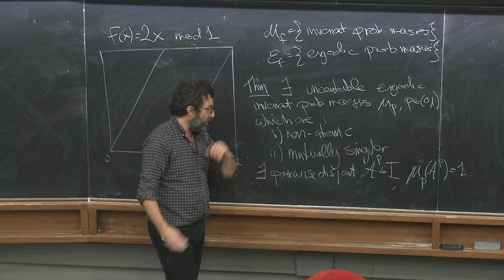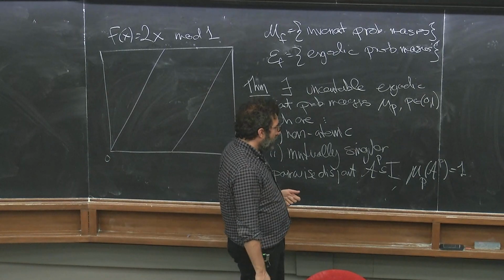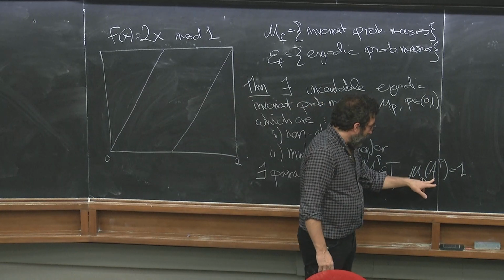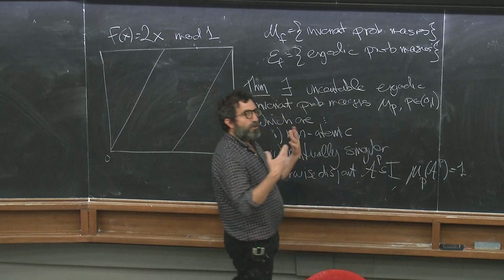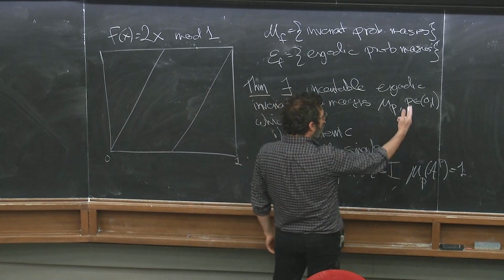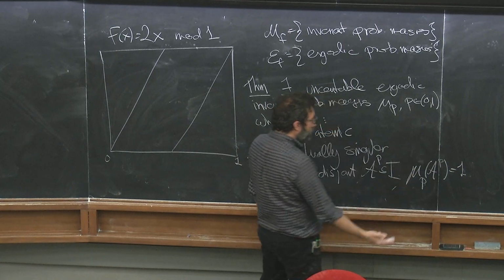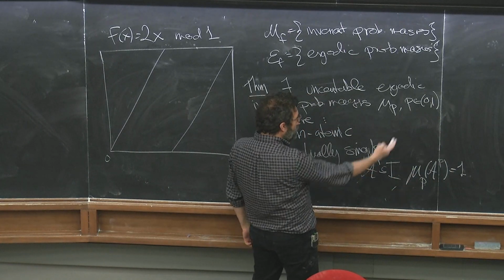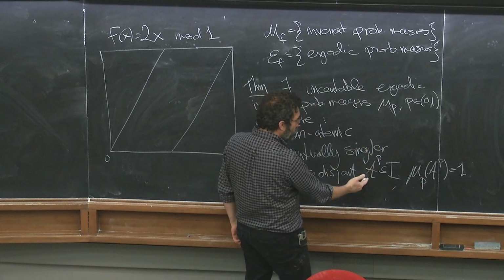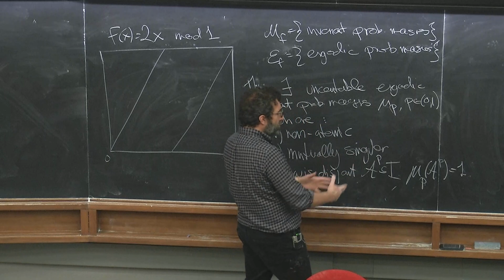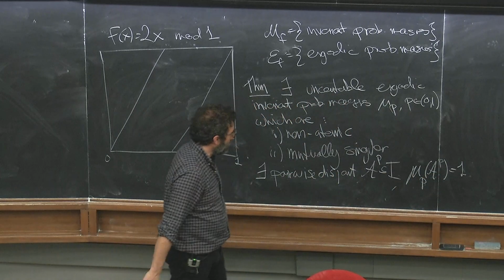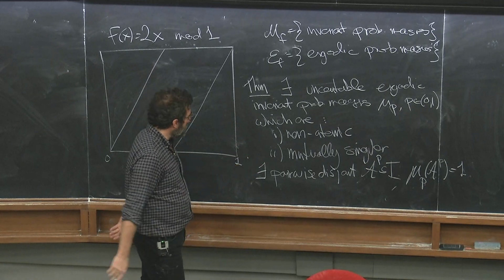That's what mutually singular means, right? There is a set that has full measure for this measure and zero measure for all other measures. Because if you take a different value q, mu_q will give full measure to the set A_q, which is disjoint from A_p. So A_p must have zero measure with respect to mu_q. This is what mutually singular is.